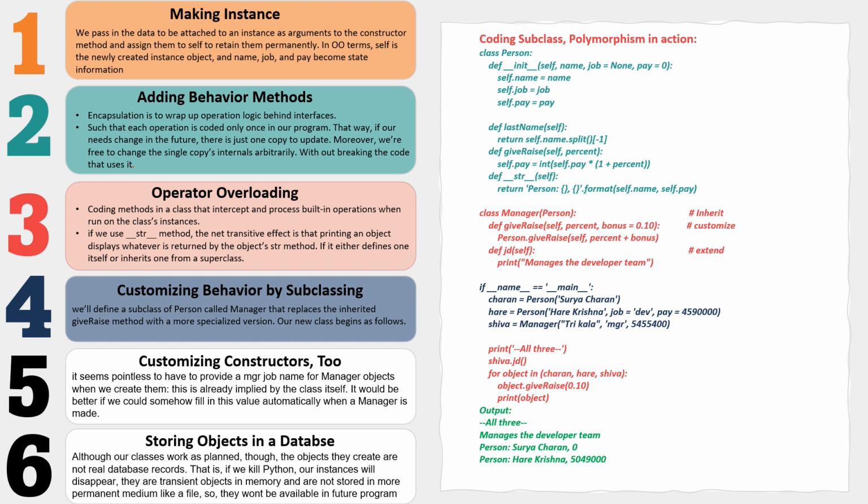For example, although we are focused on customization here, we can also add unique methods to the Manager subclass that are not present in the Person superclass. So here I have added JD, a new method which is specific to the Manager subclass. That's the reason this is called extend. If you modify an existing method, that's called customization. If you inherit the complete class, it's called inheritance.